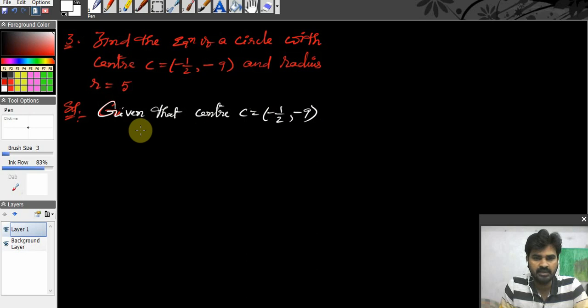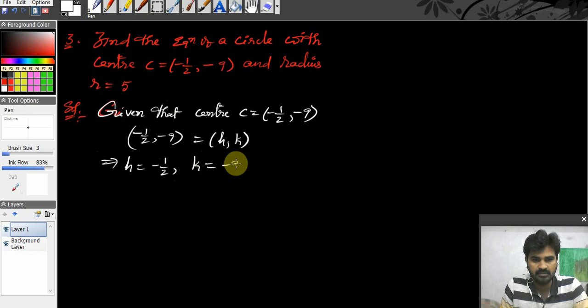So directly we have taken the center coordinates 1 by 2, minus 9. They can be taken as h and k. So now, taking h is equal to minus 1 by 2, k is equal to minus 9. Now given radius r is equal to 5.